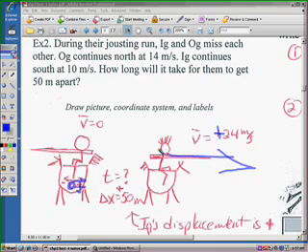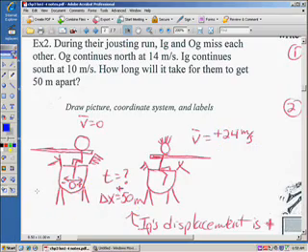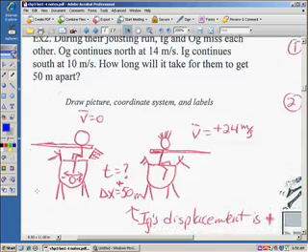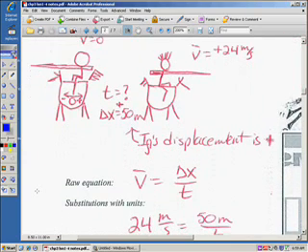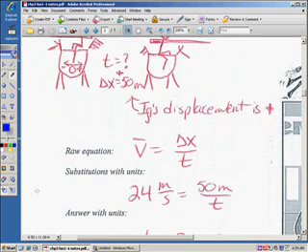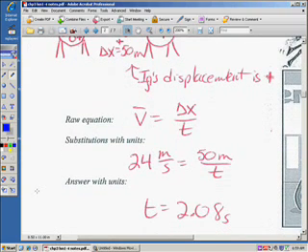We want to know when Ig has moved to the right 50 meters, and so the displacement is going to be a positive 50. We're going to use the same velocity equation as before, put in our numbers, and you'll get a time of 2.08 seconds.